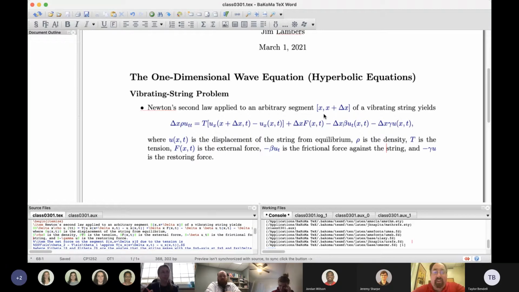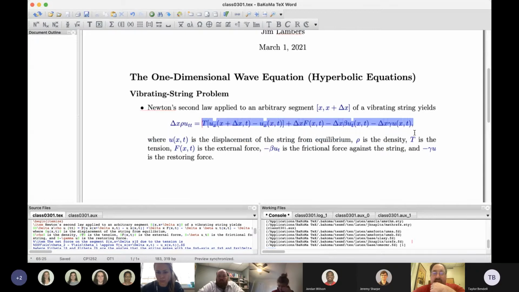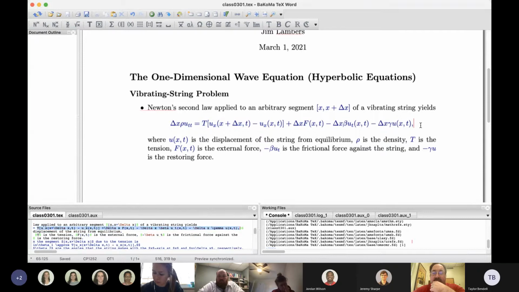What Newton's law gives us is the acceleration of the string. So u(x,t), the solution, is the displacement of the string from equilibrium. The acceleration times the density times the width of the segment can be approximated by these terms here.